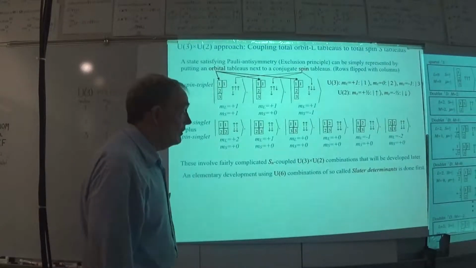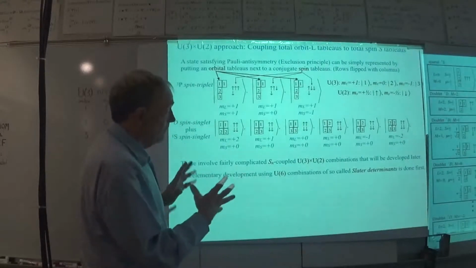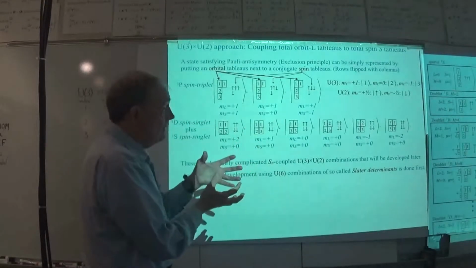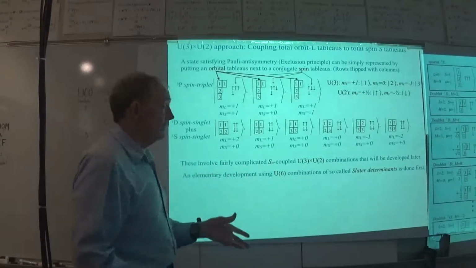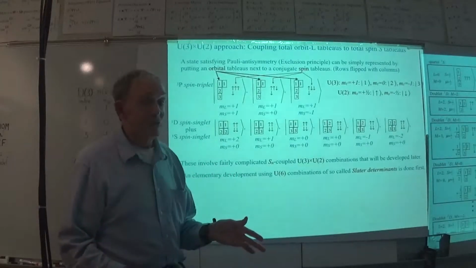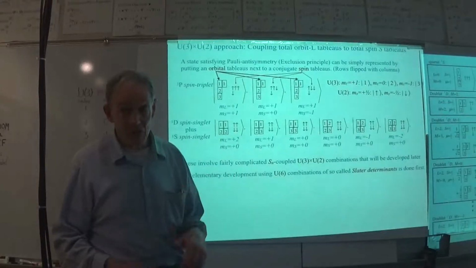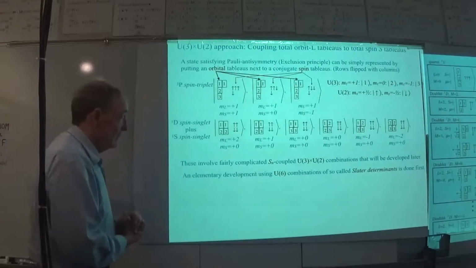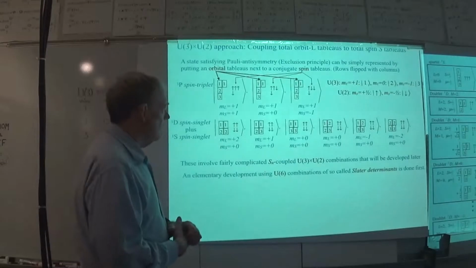Only the total J is going to be a good quantum number for these orbits, and then only if we can ignore any spin of the nucleus, because that causes hyperfine interactions that are really very fine structure.